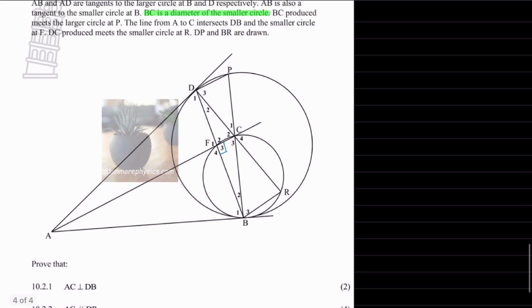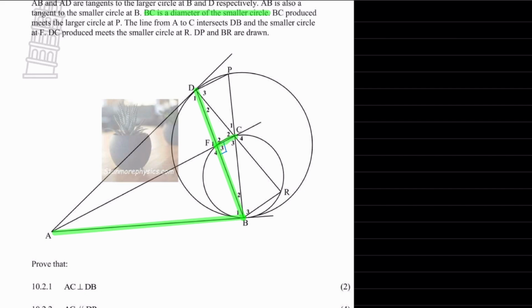Now to prove that AC is parallel to DP, we're going to first start with this tangent right here. That tangent makes an angle with these chords. So chord FB and chord DB.